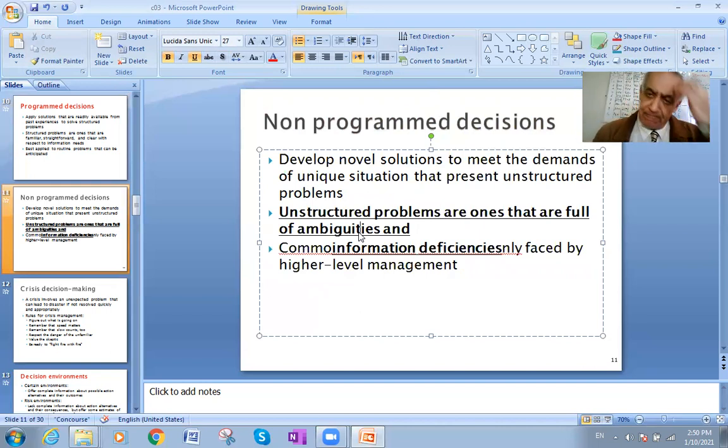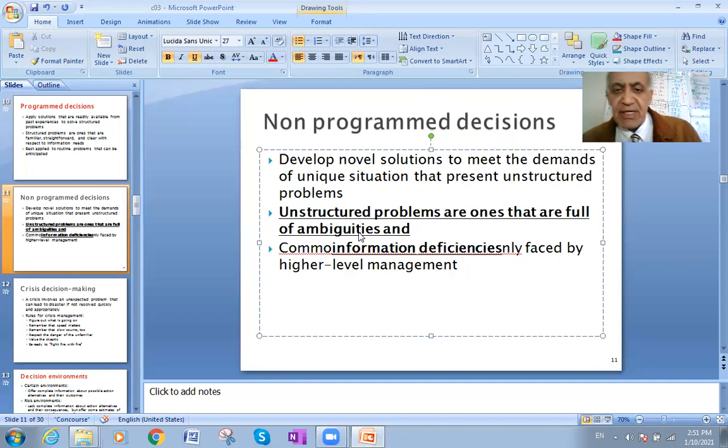For example, if you are dismissed from your work, this is a non-programmed decision for you because you are not dismissed every day. So the frequency is low, and at the same time you don't know how to solve it because you don't have a ready plan for a solution. You have to think about how you will solve this problem. It takes time from you, right?